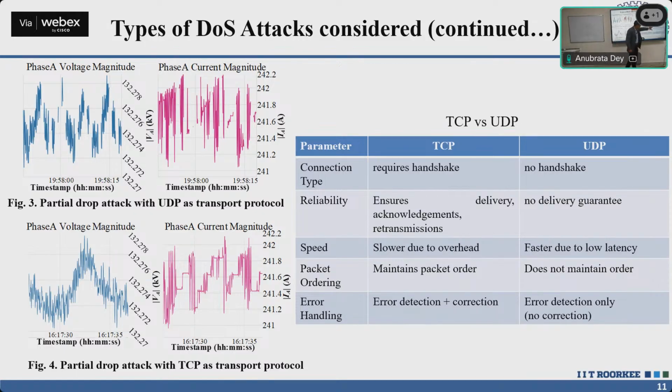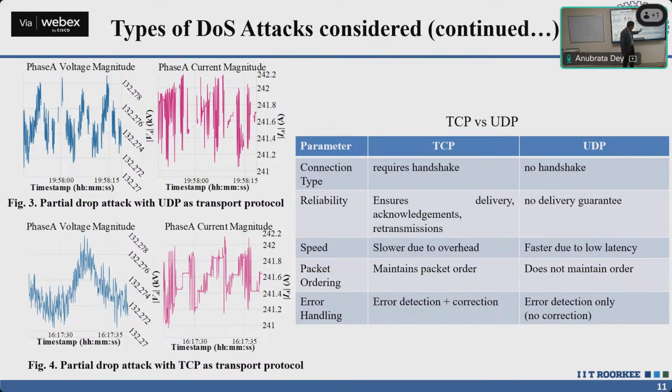I have written this just for knowledge: what is the difference between TCP and UDP protocol. The major difference is that TCP requires a handshake, like client and server, before sending the data. Here it is not required. Even looking at other parameters like reliability, TCP ensures proper delivery, while for UDP there is no guarantee of delivery.